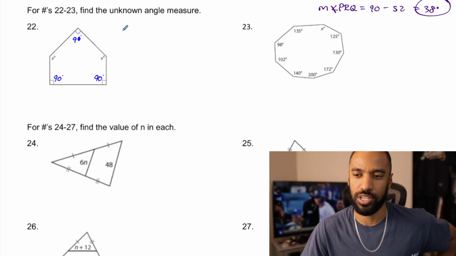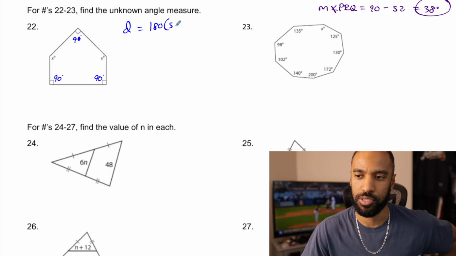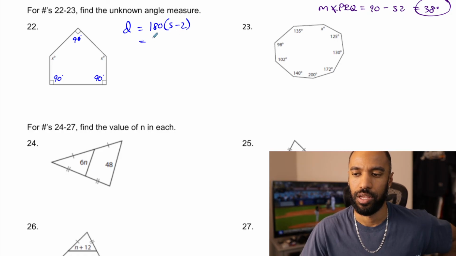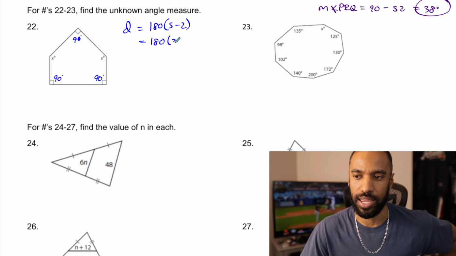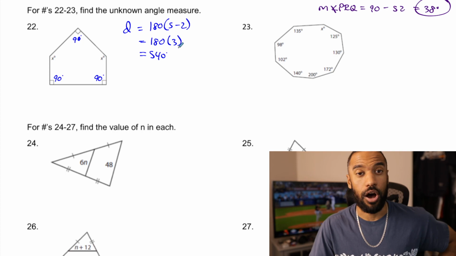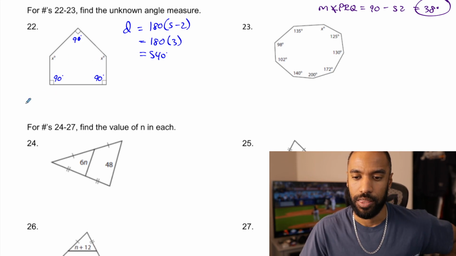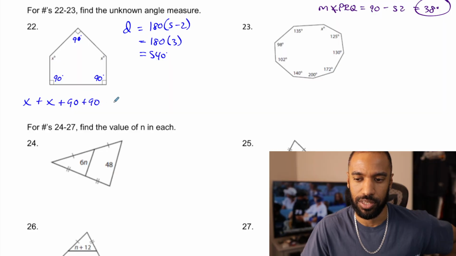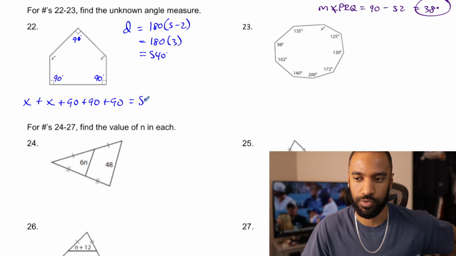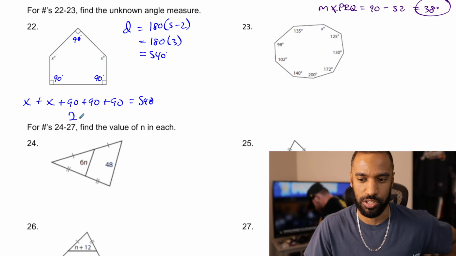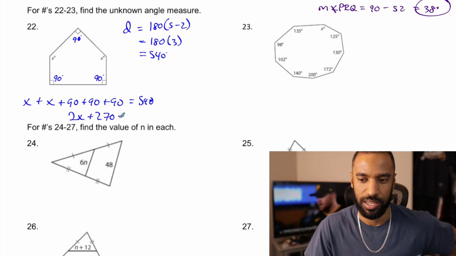I mentioned before that the interior angle sum is 180 times the number of sides minus 2. So that's 180 times 3, which is 540 degrees. That means if you add up all 5 of these angles, the 2 x's and the 3 90s, that equals 540. So 2x plus 270 equals 540.